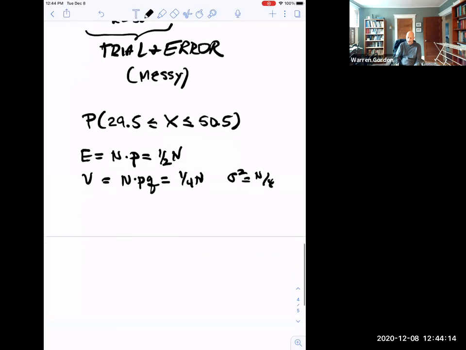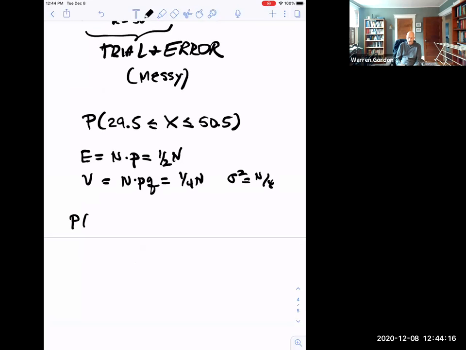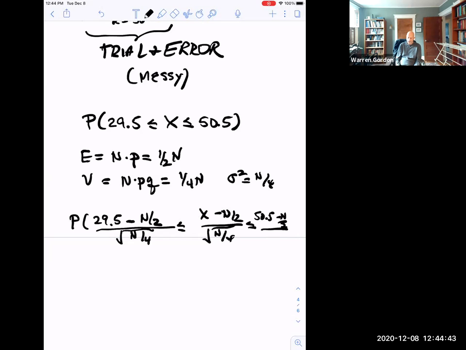So you could rewrite this using the central limit theorem. x minus mu divided by the square root of n over 4 less than or equal to 50.5 minus n over 2 divided by the square root of n over 4.